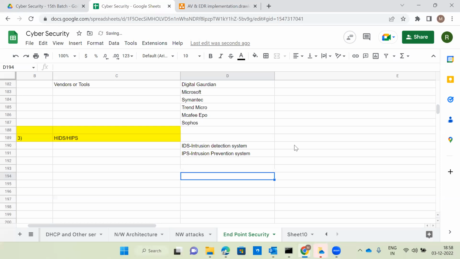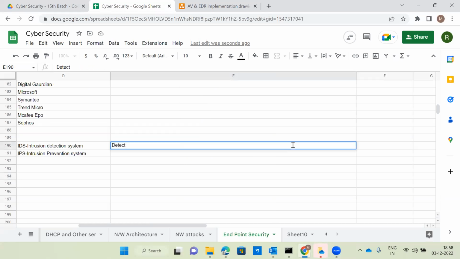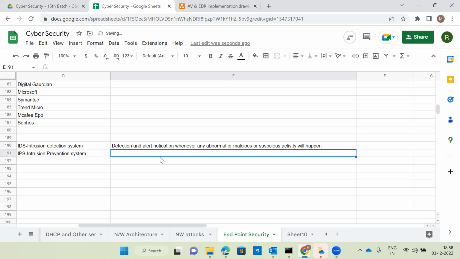It will only detect and also give alert notification, detection as well as alert notification, whenever any abnormal, malicious or suspicious activity happens. So that is IDS. On the other hand, IPS, what exactly will it do? It will do both detection and also blocking.